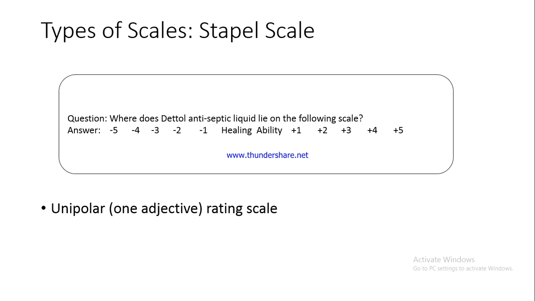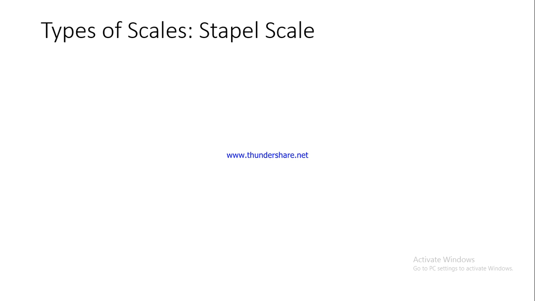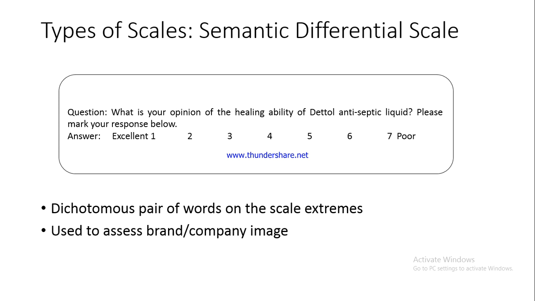Now you have a look at this particular scale and you compare it with the semantic differential scale that we discussed a little while ago. In semantic differential scale, we have got 2 different adjectives: excellent and poor, at the 2 extremes. Or like I said, hot and cold can be another pair of dichotomous words.